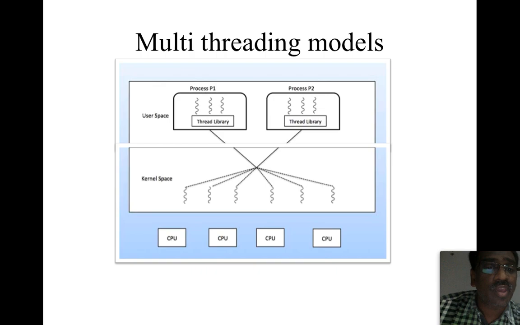User space means the user writes programs according to that, and we take the kernel space and then execute. That is the multi-threaded model. There are two processes, and all the threads are shareable. A thread related to process one can be executed in process two, and a process two thread can be executed in process one. That is called a multi-threaded model.